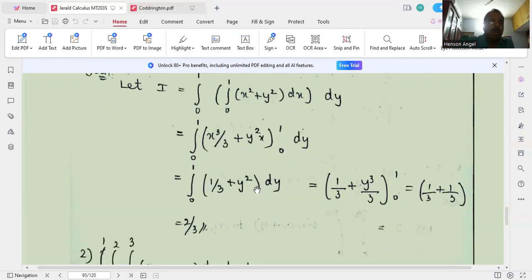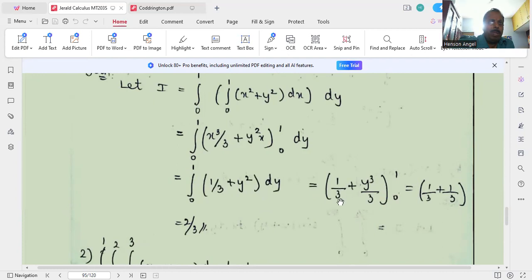Next we have to integrate this expression with respect to y, limit 0 to 1. When you integrate with respect to y, except y, other terms are considered constant. Here 1 by 3 is constant. So integral 1 by 3 dy gives 1 by 3 into y, plus if you integrate y square, we get y power 3 by 3.